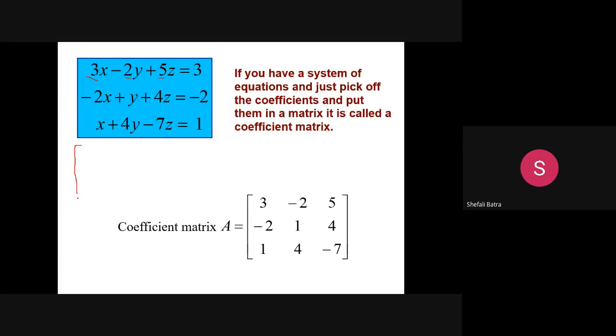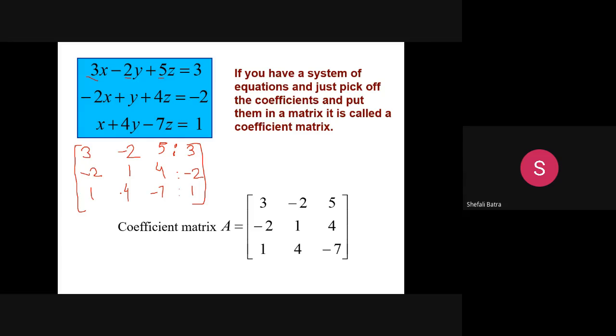Now, if you need to write the augmented matrix, it would be the coefficient matrix as it is first: 3, minus 2, 5, then colon and the right hand side entry, 2. Minus 2, 1, 4 colon 3. Then 1, 4, minus 7 colon 1.